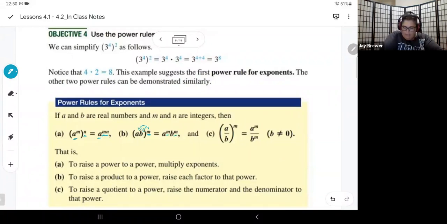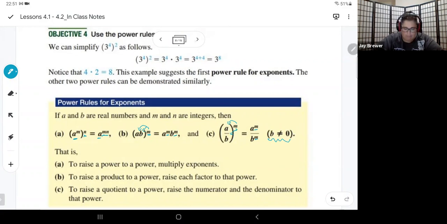The same thing with a fraction: you distribute into the fraction, in the exponent spots. Again, if you have a variable on the bottom, you must say that statement.